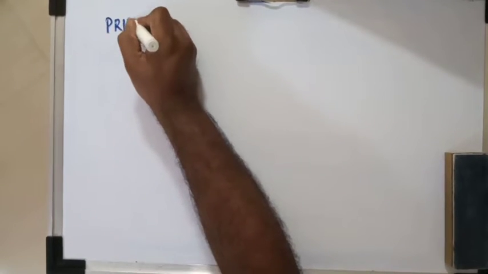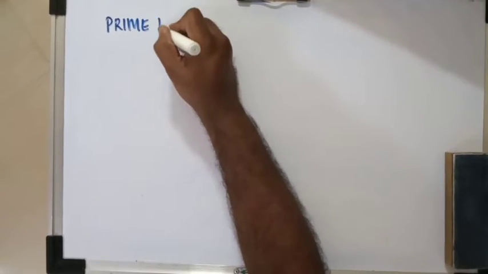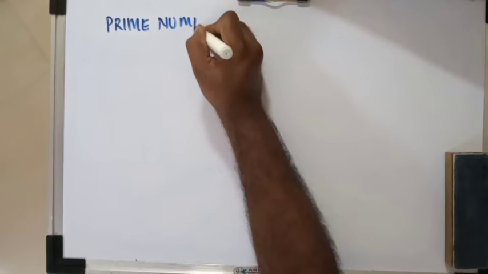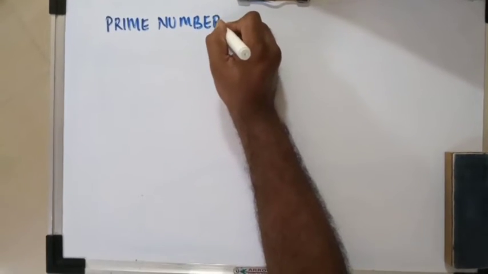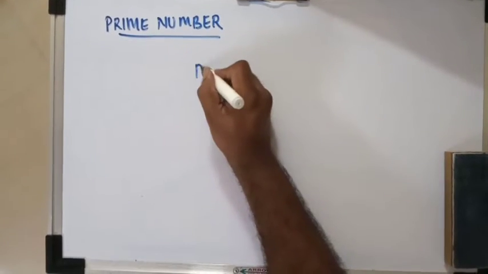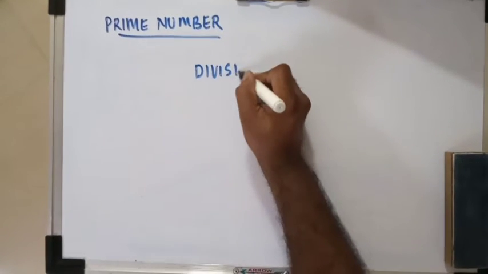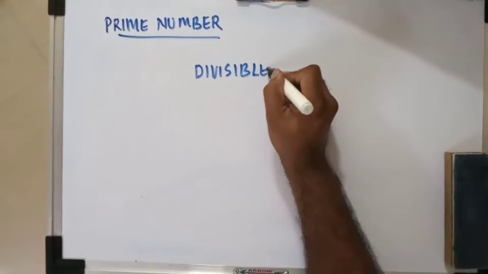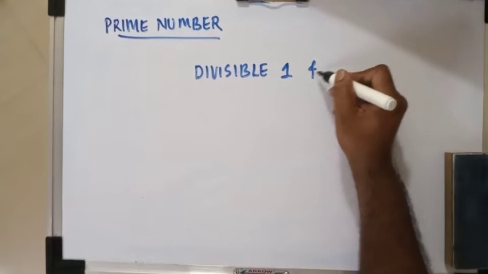Now we'll be seeing what is a prime number. A prime number is a number which is divisible by 1 and itself.